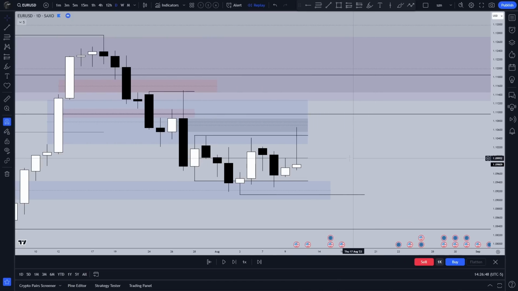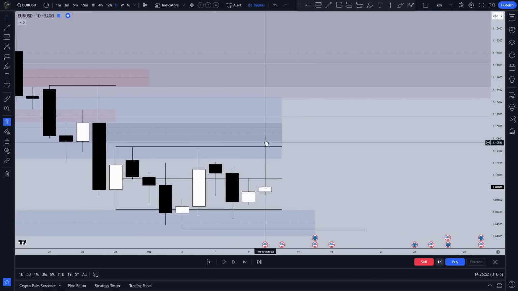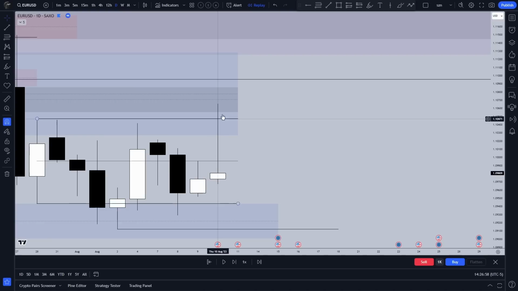And now, how would I pick my higher time frame POI? Again, we have this large daily candle wick here, and how I use those large wicks, to me, those large wicks are nothing but a balanced price range. Because if you think about what those wicks are on the lower time frames, they are pretty much a balanced price range, because we open up right here, we trade higher, and then we see an immediate reaction to the downside.